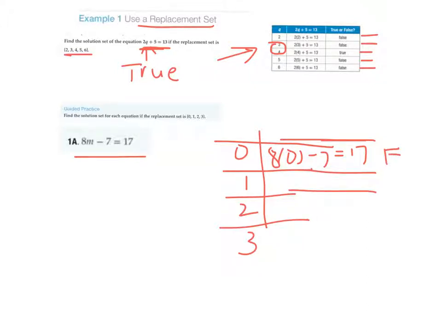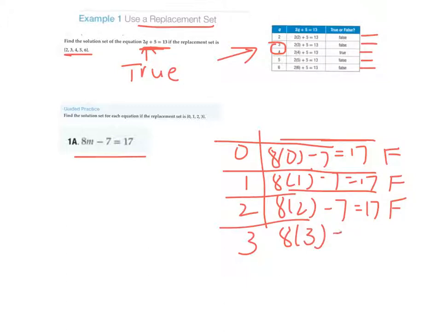So then when I put 1 in, it's also false. If I put 2 in, that's also false. And then when I put 3 in, I get true. So 3 is the solution from this replacement set. So m equals 3.